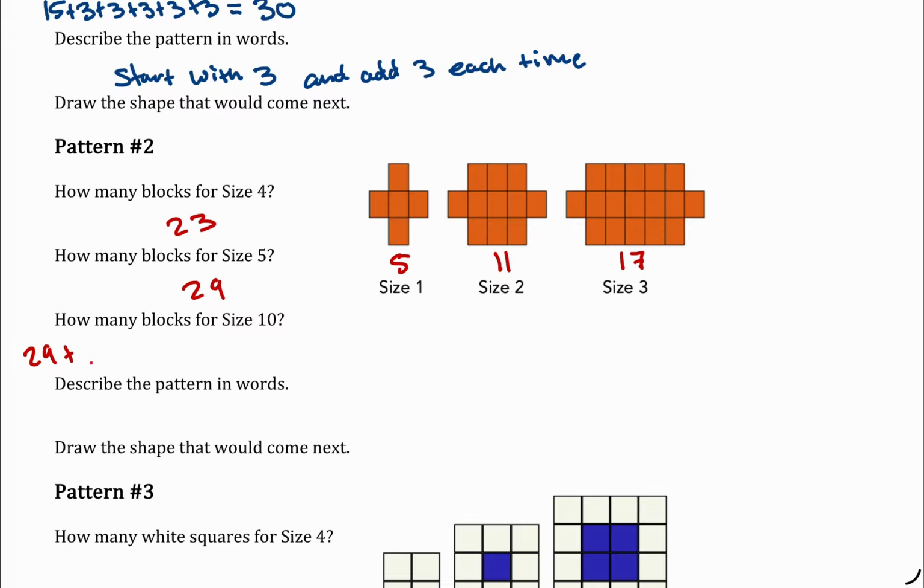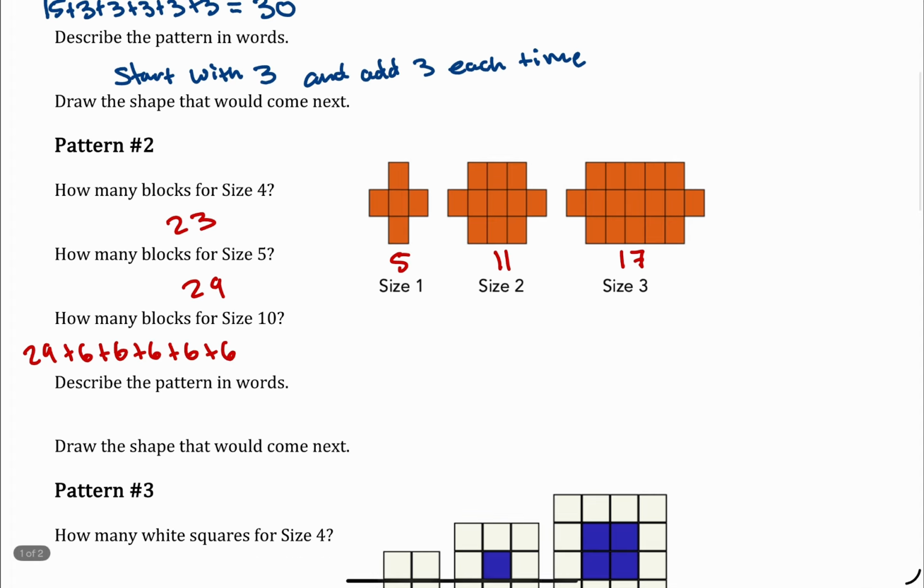And then we add 6, add another 6, add another 6, add another 6, add another 6. Then we're at 10. So 29 plus 6 plus 6 plus 6 plus 6 plus 6 is 59.